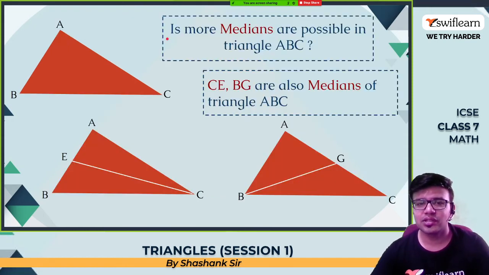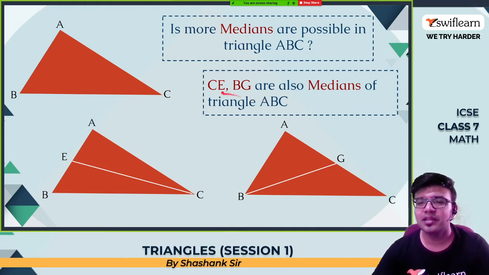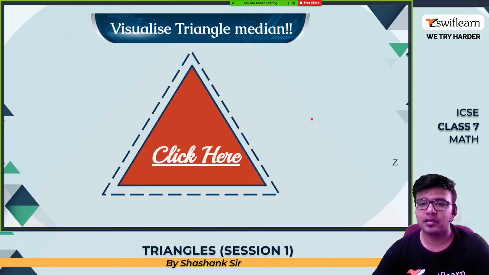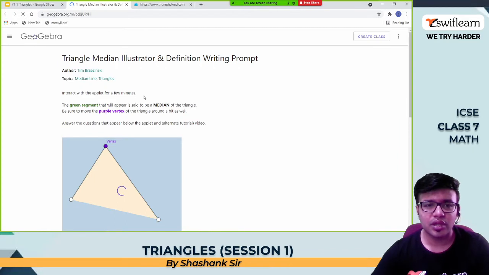Now, are more medians possible in triangle ABC? Yes, we just now discussed. So CE and BG are also medians of triangle ABC. Let's visualize how the medians are formed.